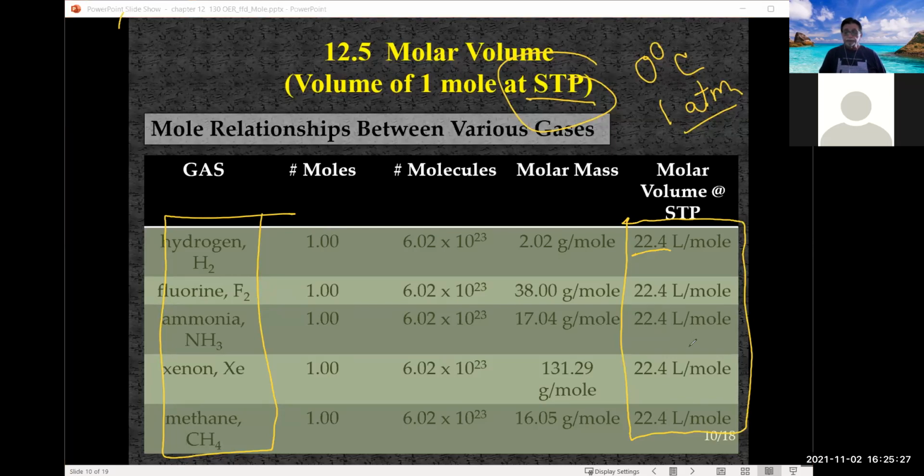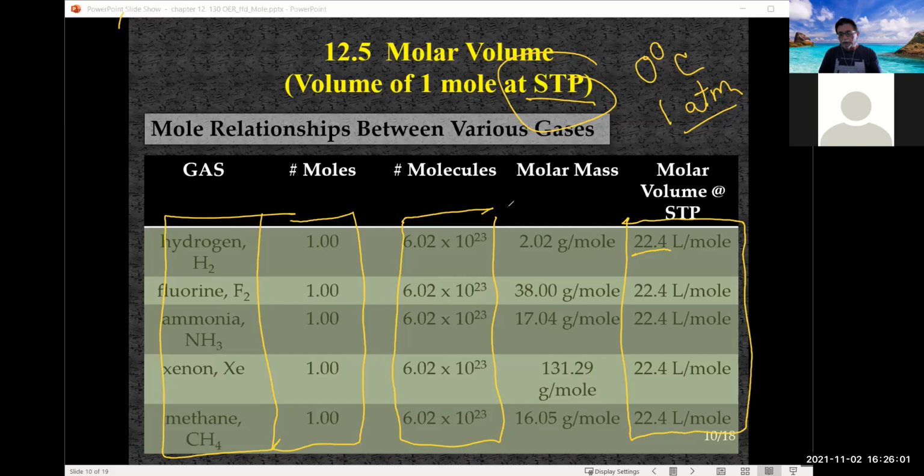For all these gases, if I have 1 mole of each one, it will have Avogadro's number of molecules. So like any other mole, 1 mole of hydrogen gas will have 6.02 times 10 to the 23rd molecules of hydrogen gas. 1 mole of methane would have the same number, okay?